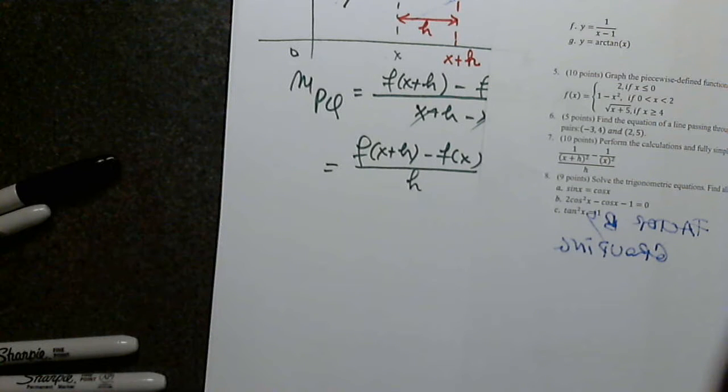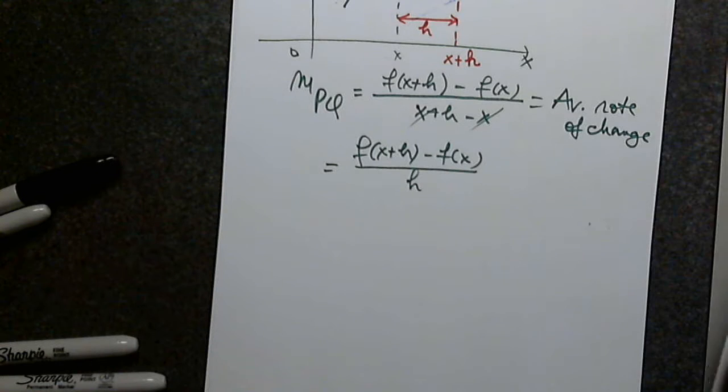Yes? 1 over x squared. So this is 1 over x squared, and this is definitely 1 over x plus h, everything squared. So one more time, what is the difference quotient? Now we know that the difference quotient is the average rate of change of any function between 2 points.